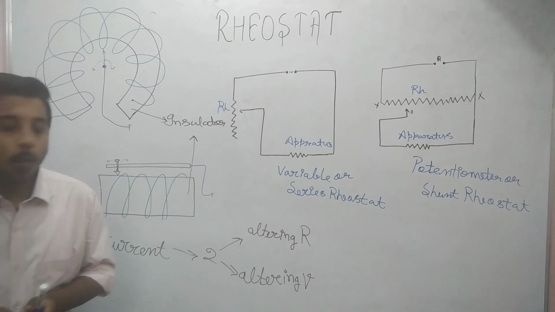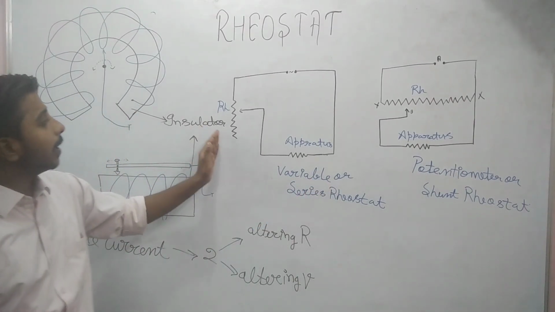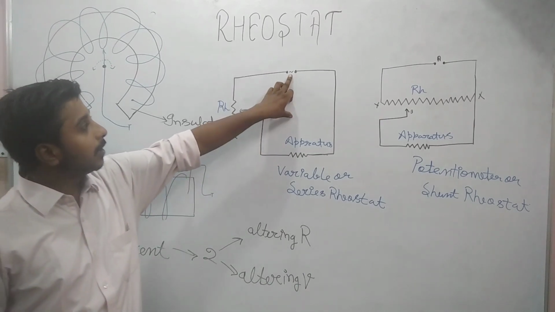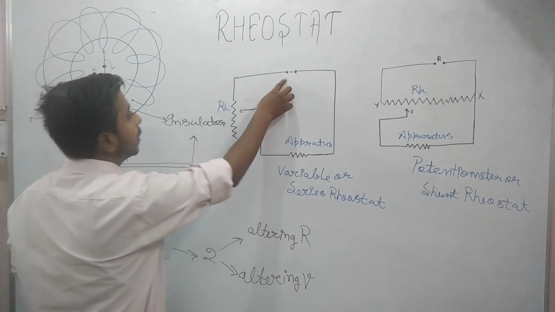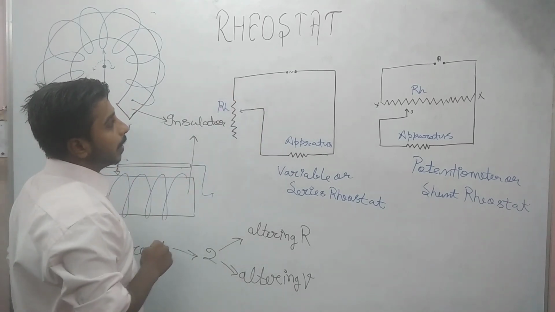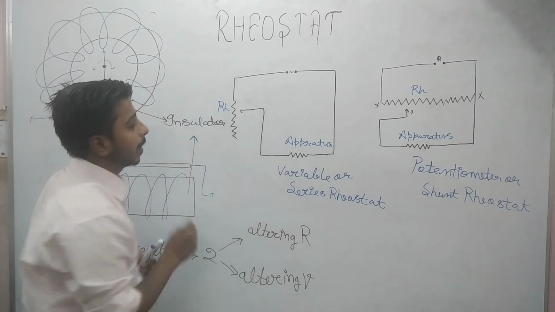Now you can see in the variable or series rheostat, this one is the current supply. I have drawn alternating current. Its one end is attached to the rheostat and the other end has an apparatus and a wire.